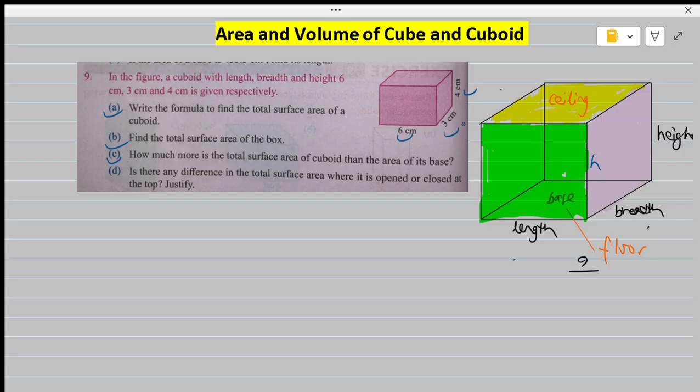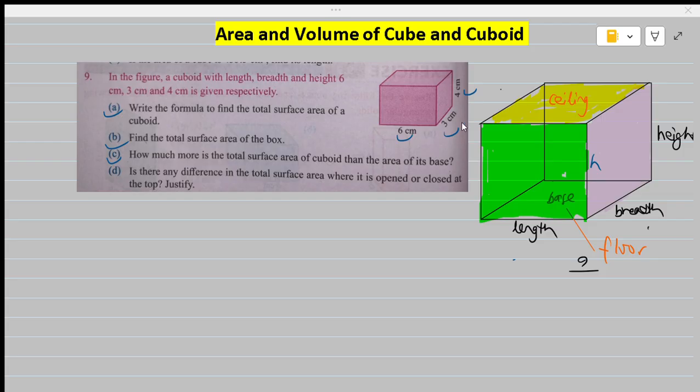That is the total surface area of the cuboid open at the top. So it will differ by the area of L into B, the area of the base. The area of the floor or the area of the ceiling will be the difference between the total surface area of the cuboid and the surface area of the cuboid with the open top. Okay, so you can justify like that.